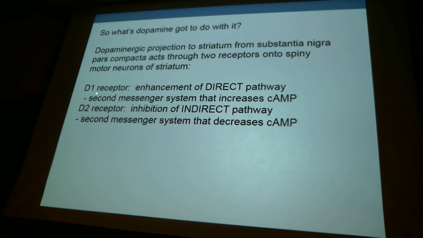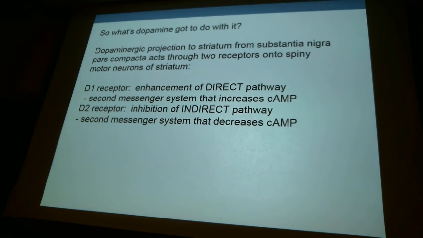If a neuron has a D1 receptor, it's enhanced, and D1 receptors are associated with the direct pathway. If it has a D2 receptor, which is inhibitory, this is a characteristic of the indirect pathway. So dumping dopamine on is going to have a different effect depending on the receptor that's being expressed.